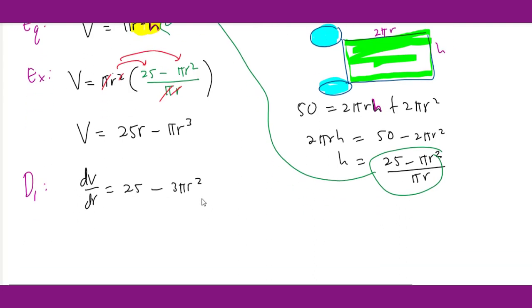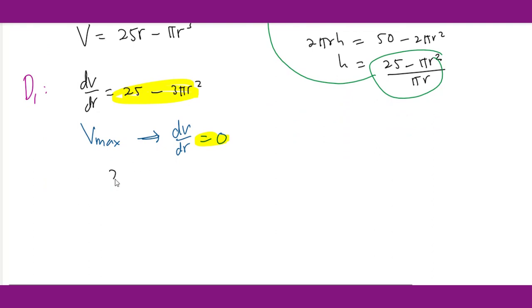Then to find the stationary point, or V maximum, this implies that dV/dr is equal to 0. So everything here is equal to 0. Then 25 minus 3 pi r squared is equal to 0, r squared is equal to 25 over 3 pi, or r is equal to 5 over root 3 pi.